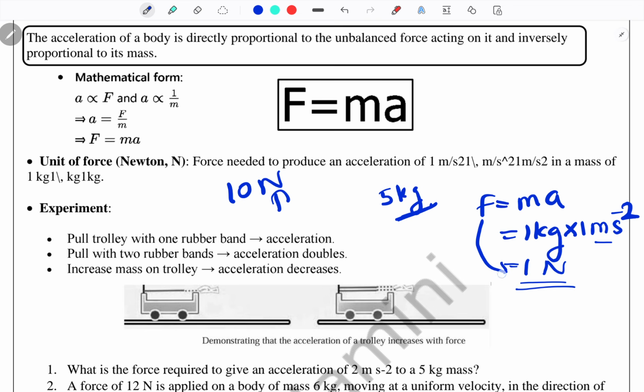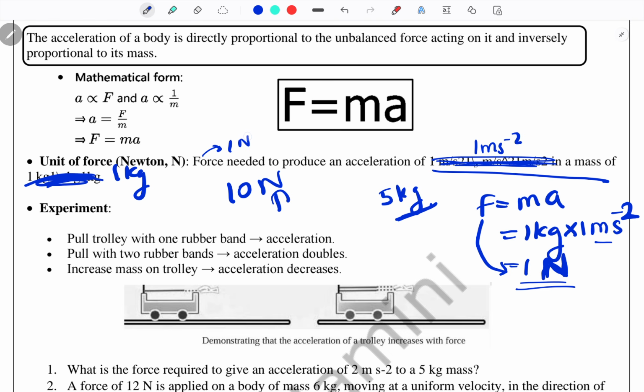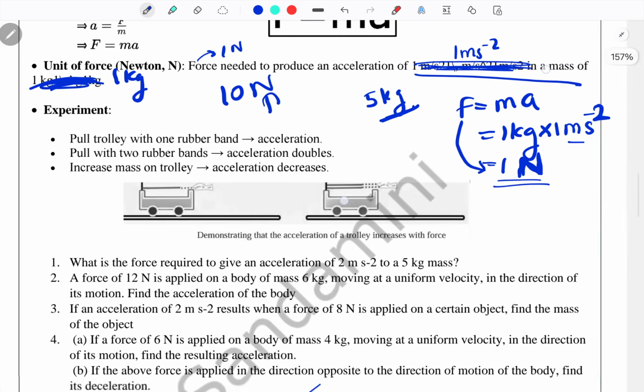Now the force is coming, so you can directly write Newton, 1 Newton. That's what I want to say here, but something is wrong with the typing, so just forget this. The acceleration should be 1 meter per square second. If the mass is 1 kg, it gives a force of 1 Newton, right? Okay.